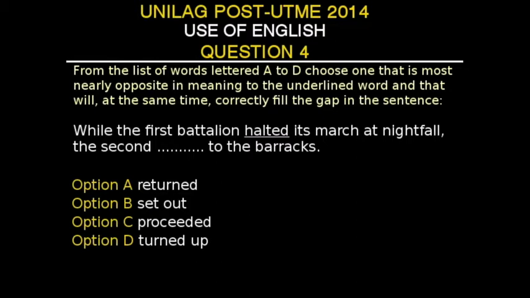So the most nearly opposite in meaning that correctly fills the gap is proceeded, which means to carry on or continue an action. Now, returned, turned up, or set out will not be correct, because for them to come to a halt means they had already started out on their march to the barracks. And so the correct option is option C, proceeded.